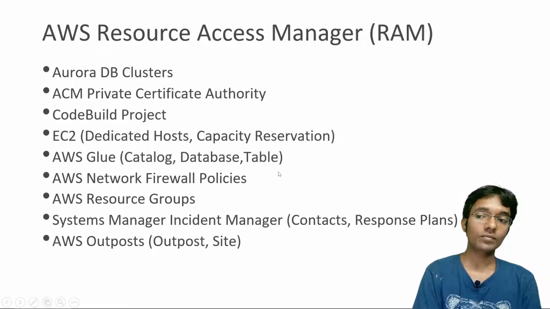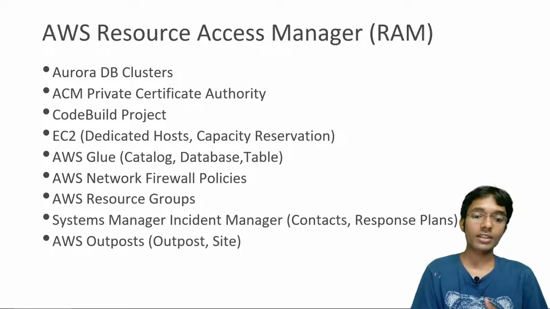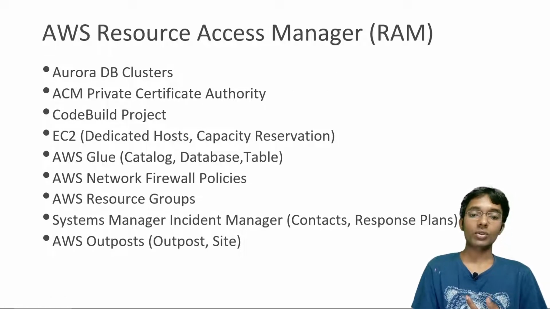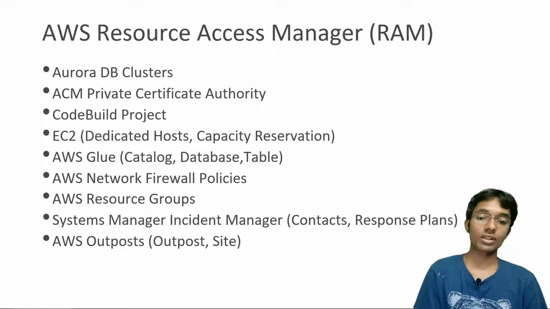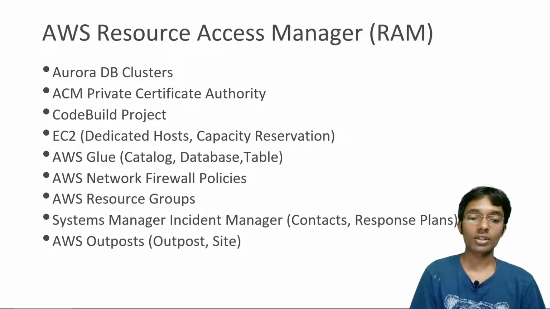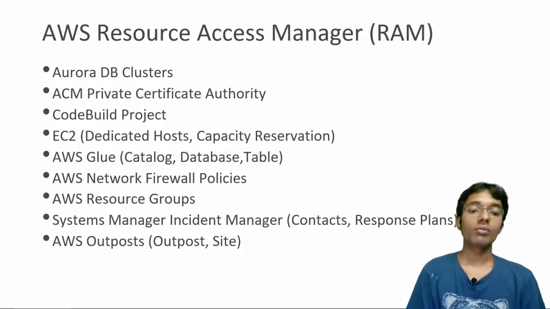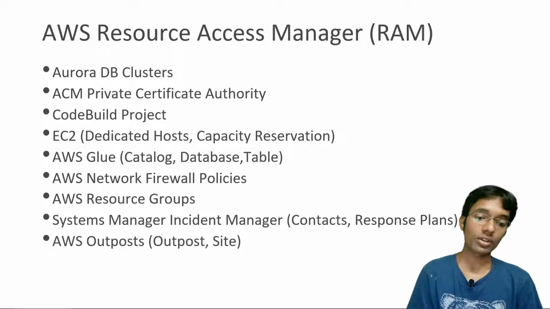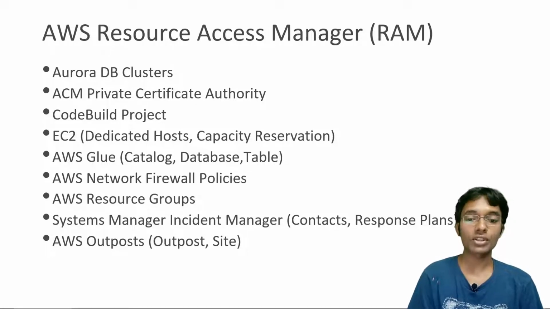There's some other stuff you can share. I'm just going to do the list here. Aurora DB cluster, AWS Private Certificate Authority, Amazon Certificate Manager private certificate authority, CodeBuild project, Elastic Compute Cloud EC2 dedicated host, capacity reservation, AWS Glue catalog.